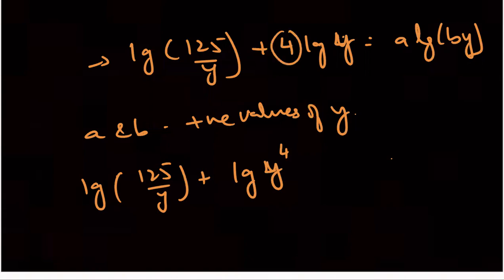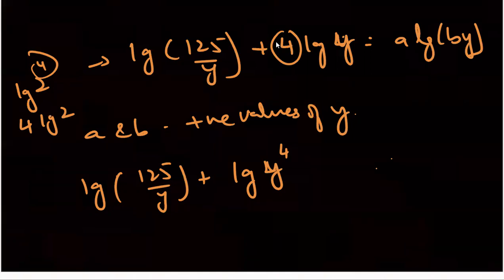Another rule of log: for example, if I say log 2 power 4, if I am putting a log, the power comes downwards. So now this becomes y power 4 and the other side is log b power a.